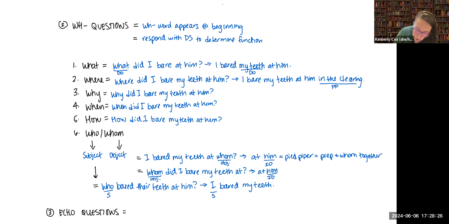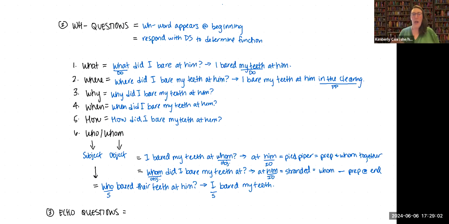But this is called a stranded, which means that the whom is at a distance from the preposition, right? Which is at the end of the sentence. So when we're dealing with who, whom, this is the way it works. Who you use for the subject, whom you use for the object, it doesn't matter so much whether the preposition is next to the whom, as in Pied Piping, or stranded from the whom.